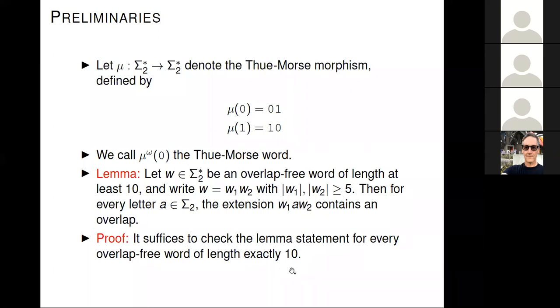Just having 5 letters on the left and 5 letters on the right is enough context to get an overlap in every extension that you put right in the middle. Okay. So this suggests that extremal overlap free words will be a little bit easier to deal with than extremal square free words.